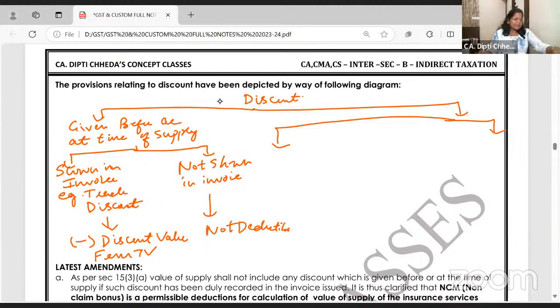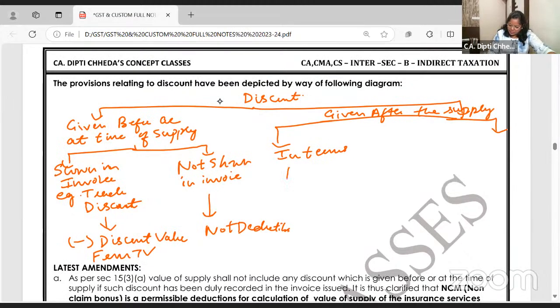Now, after the supply, discount is given after the supply, in terms of a predetermined agreement.